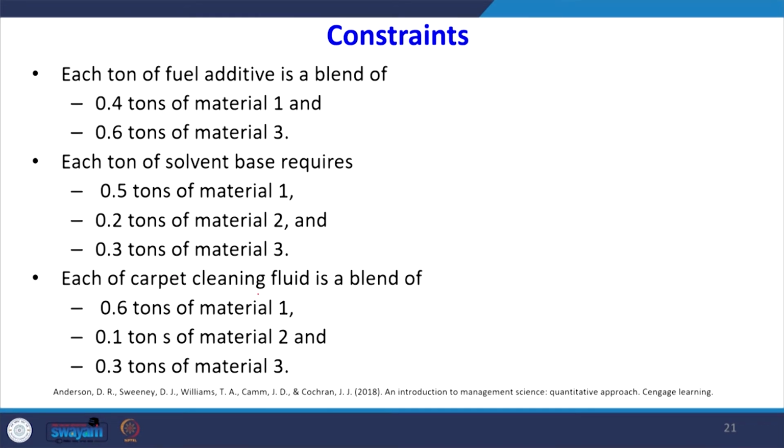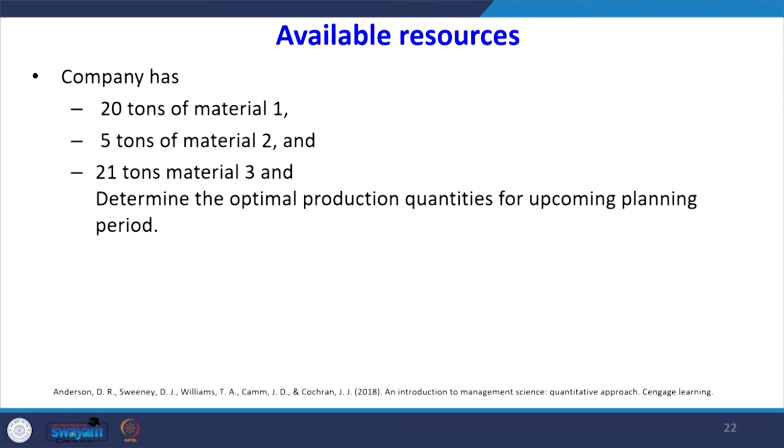The carpet cleaning fluid requires 0.6 tons of material 1, 0.1 tons of material 2 and 0.3 tons of material 3. The maximum available are 20 tons of material 1, 5 tons of material 2 and 21 tons of material 3.